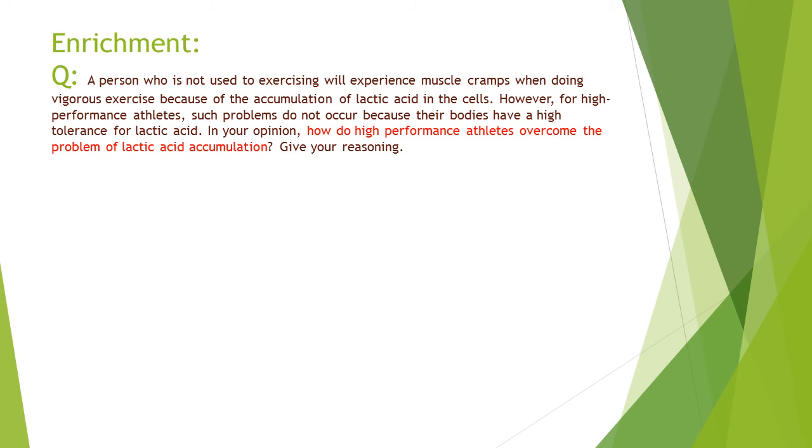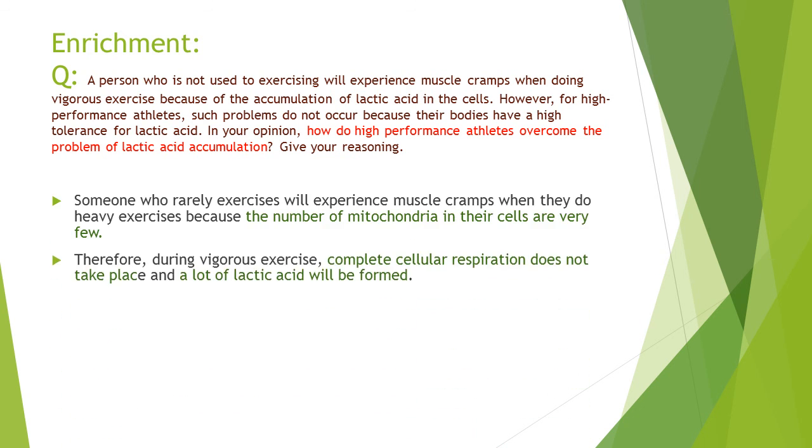So for the enrichment question, I'm not going to read the question, but I want to highlight the point. How do high performance athletes overcome the problem of lactic acid accumulation? For your information, people who rarely exercise experience muscle cramps because they have fewer mitochondria in their cells. So there is an accumulation of lactic acid.